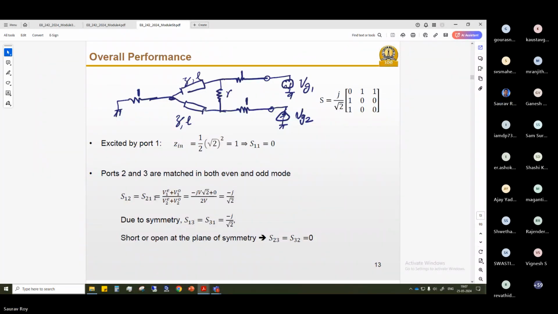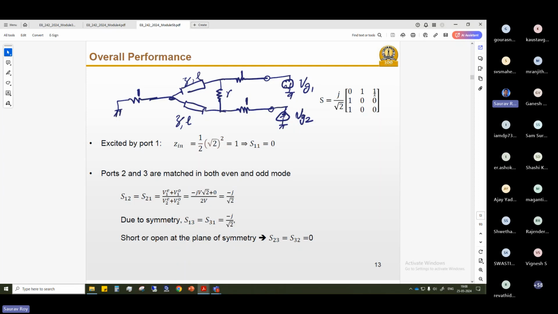Okay. So see, this is the S parameter matrix here. If you calculate through this, you get S11, S22, S33 all 0. S21 and S31 are 1 by root 2, 1 by root 2. That means 1 by root 2 means what? Power is getting divided into half and half. 1 by root 2 squared is 1 by 2 in power.